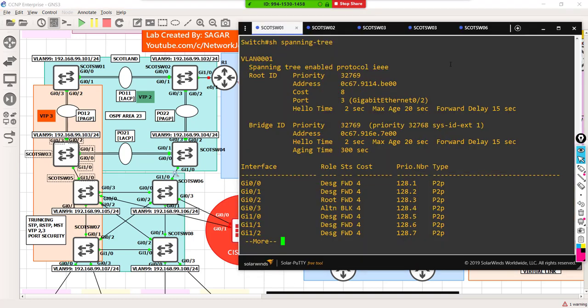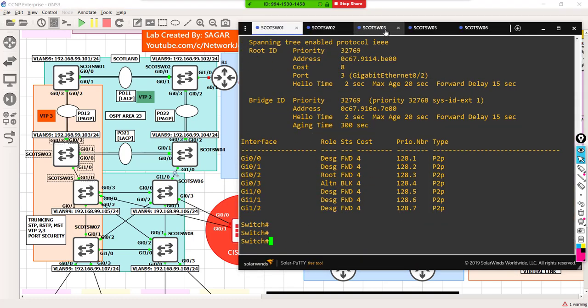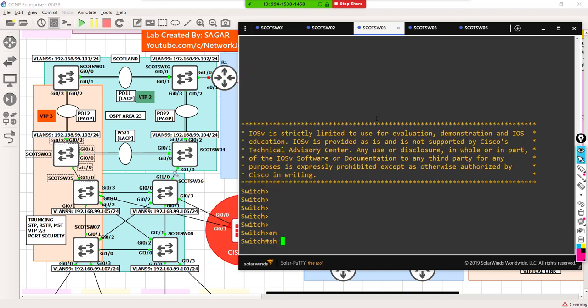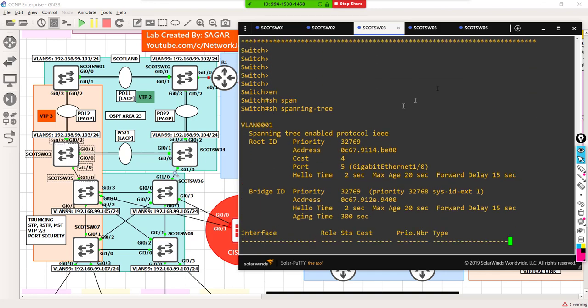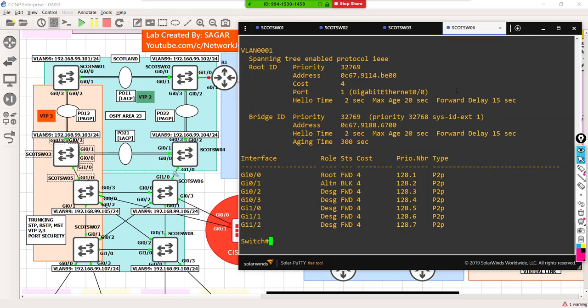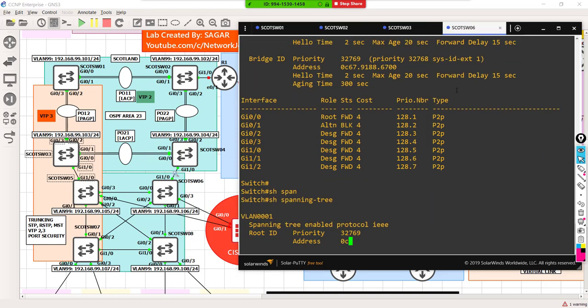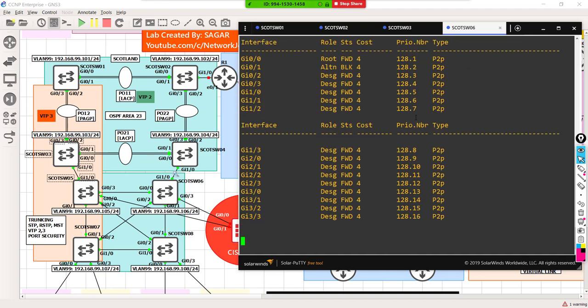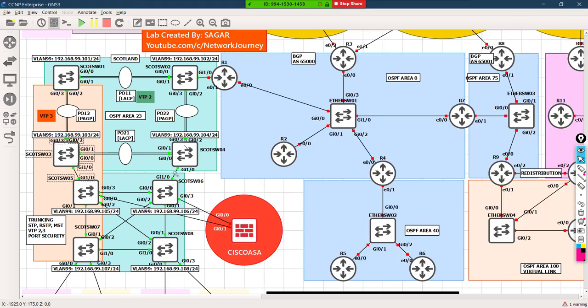So I'll randomly go through one by one. Okay. So let's see where it leads. So let's say show spanning tree. This is not the one. Let's check on the 6th switch, show spanning tree. Okay. So this is also not the one.